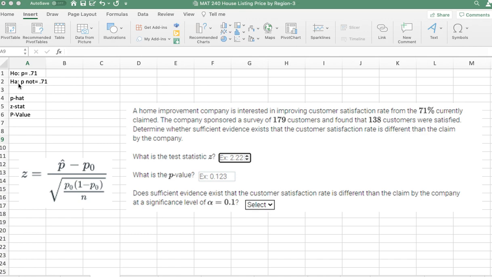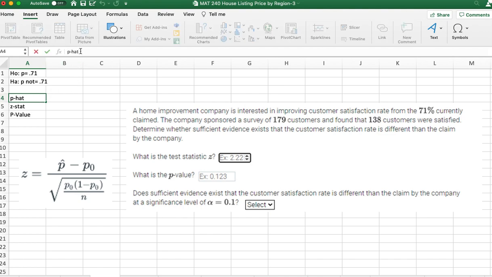That's basically saying that 71% is the population proportion of customers being satisfied, and then the alternative hypothesis is that it's different, that it's not equal to 71%.